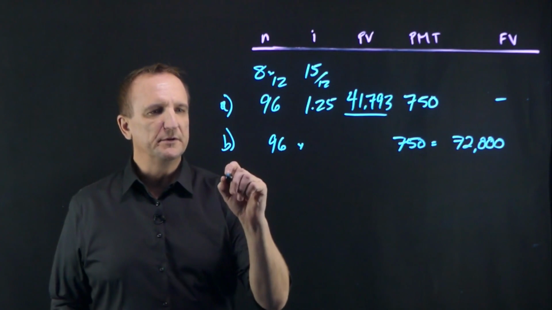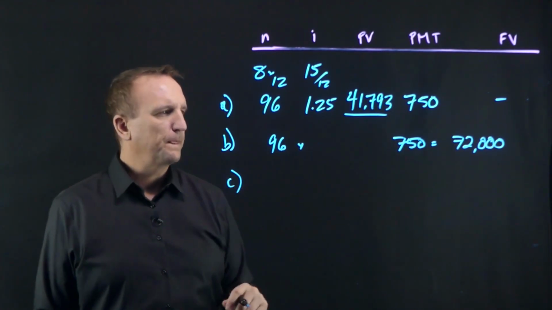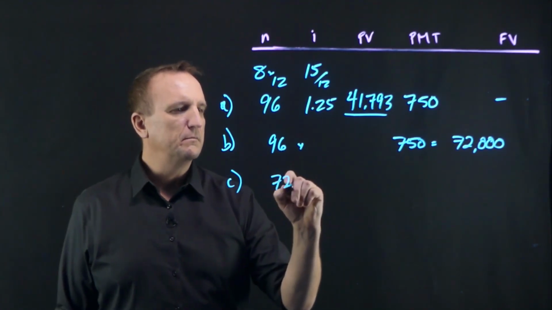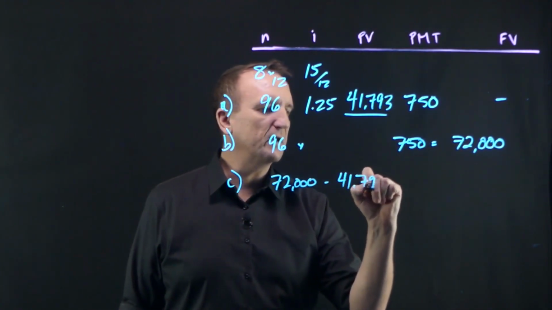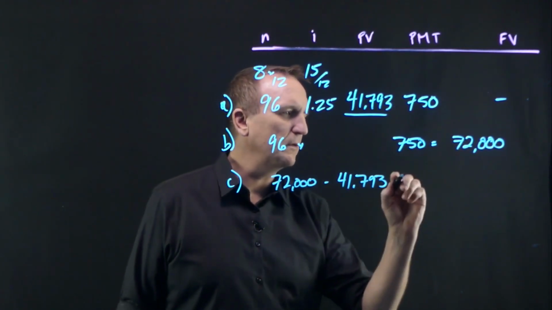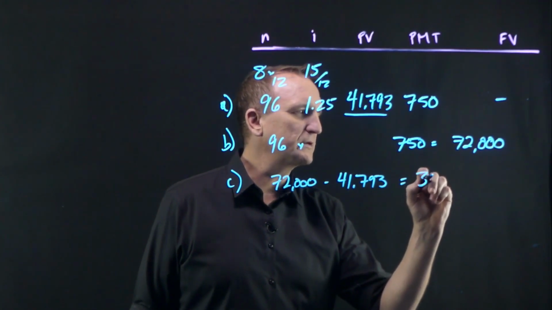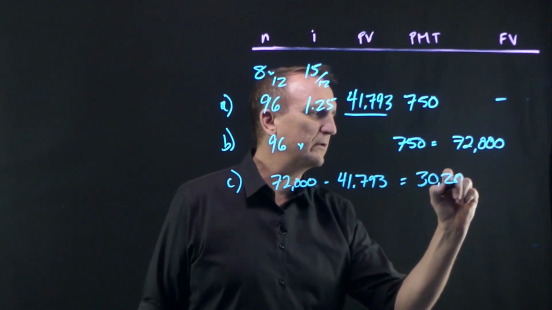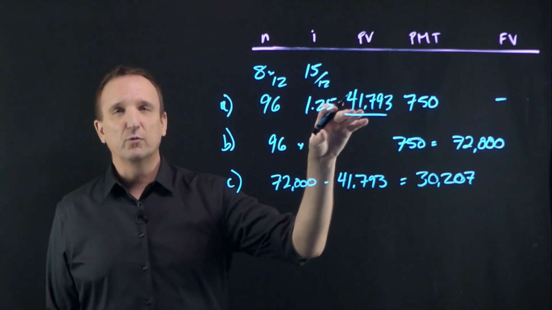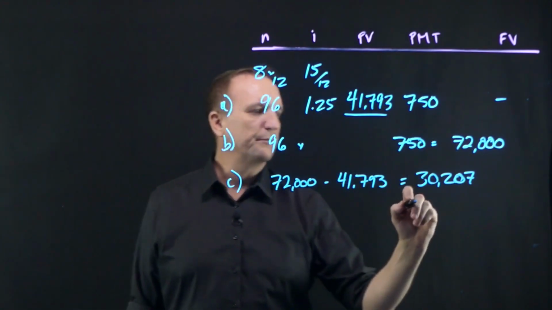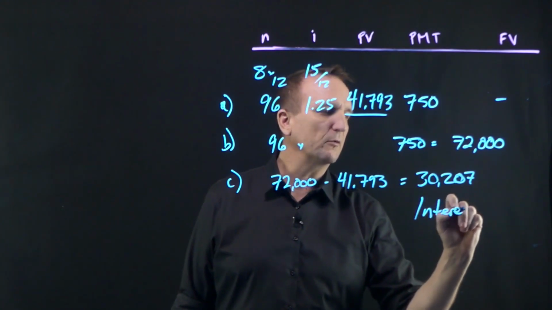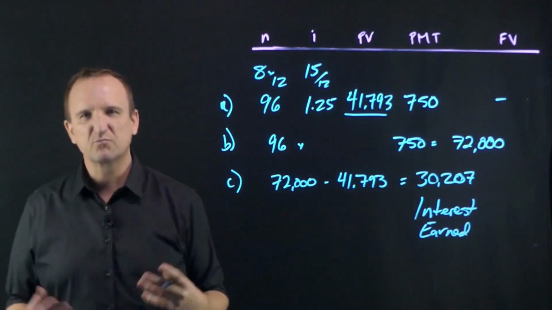The difference between the two, 72,000 minus the 41,793 that we put in, equals 30,207. We put in 41,793. When we get that amount of principal back, the rest is interest that we earned, or in this case, profit.